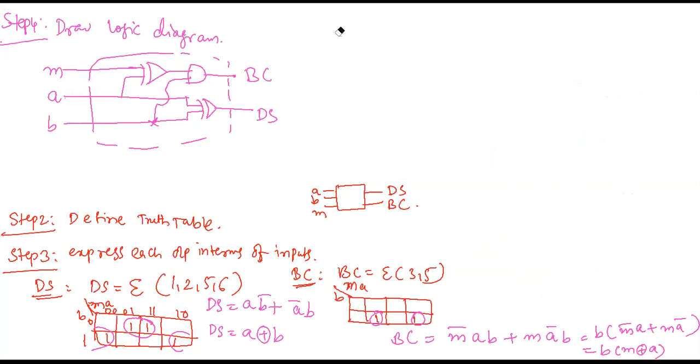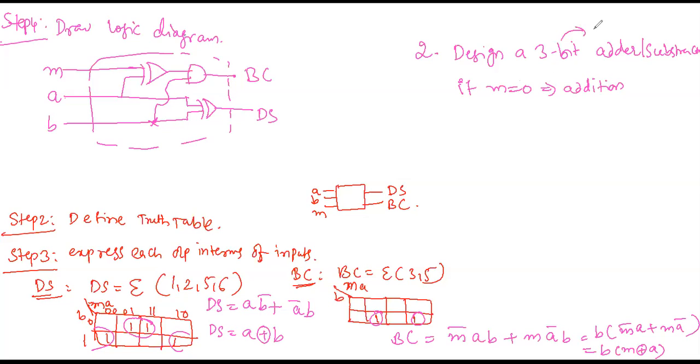Similarly, I am giving one assignment, question number 2. Design a 3-bit adder subtractor, and this adder subtractor is controlled by M. If M is equal to 0, it will perform addition.